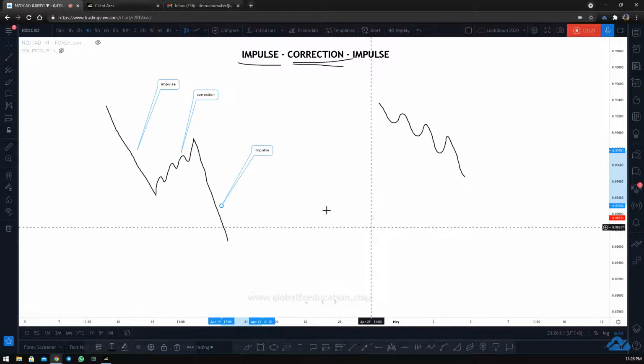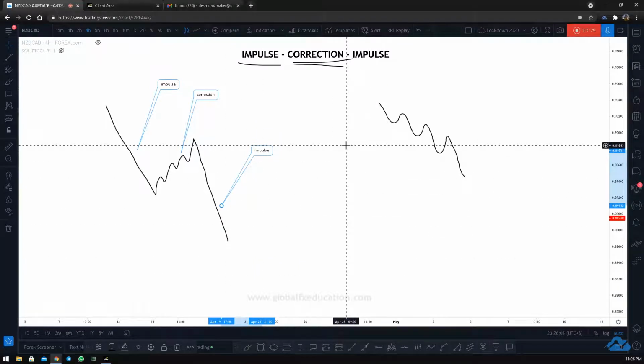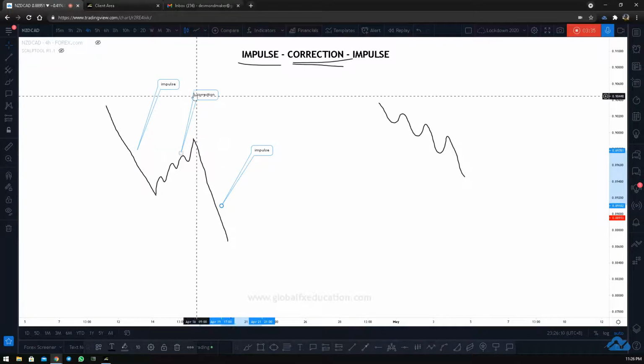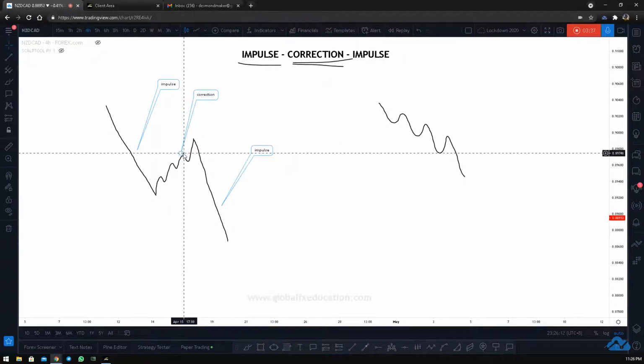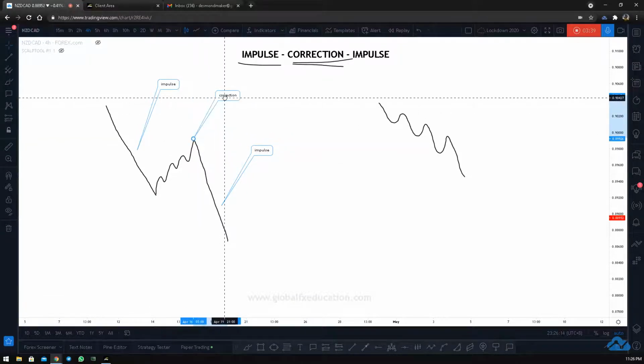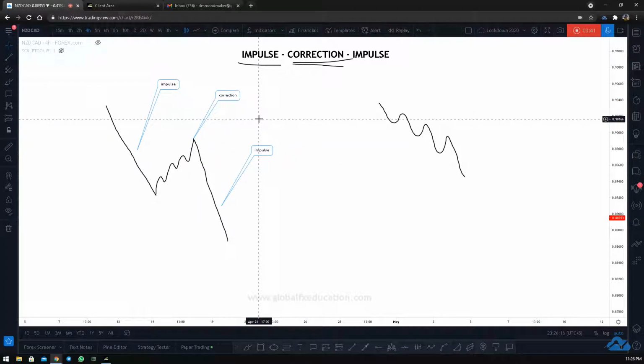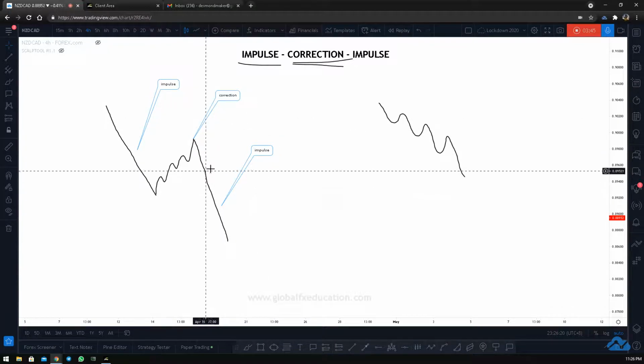This is generally when looking at higher time frames. You will have a much better view of what the market is doing, and when the market creates this type of movement, you know exactly what phase the market is in, and it's very easy to look for a swing trading opportunity.